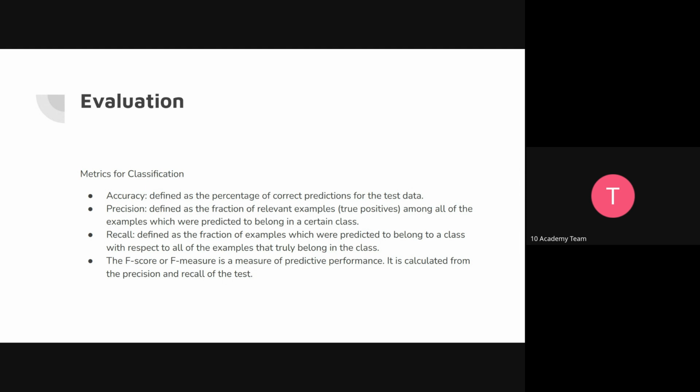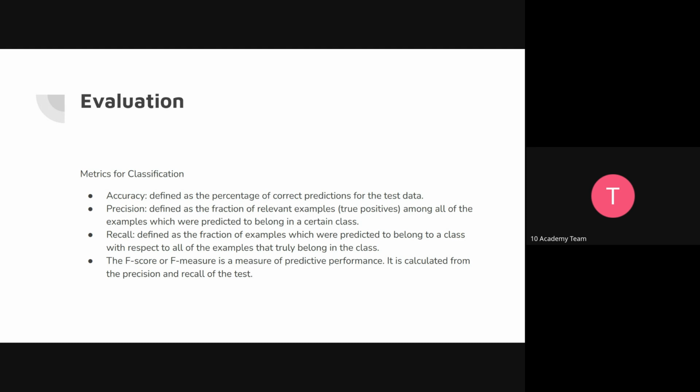Let's go back to the classification of spam emails. I'm using my model to predict spam emails, a binary classification: only spam or not spam. Among the emails the model output as spam, how many of them are actually spam? This is the precision.